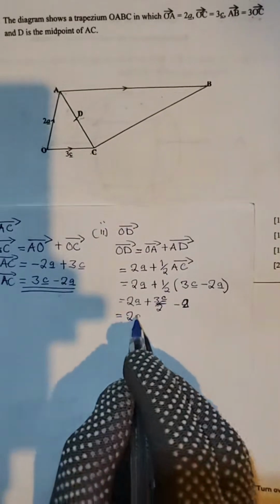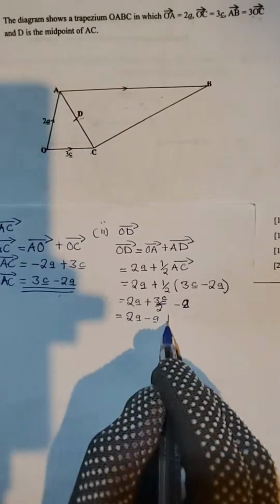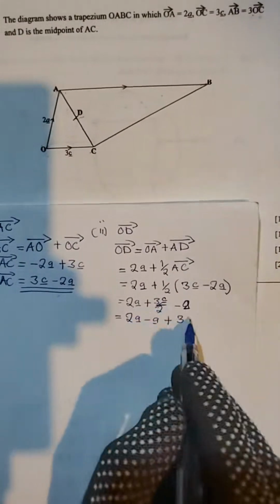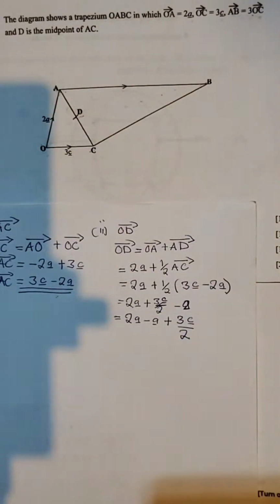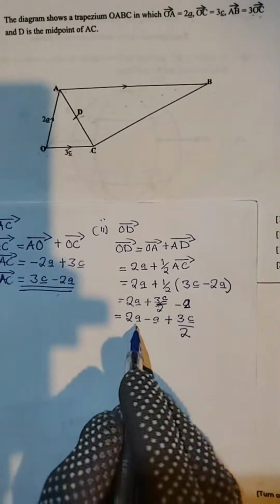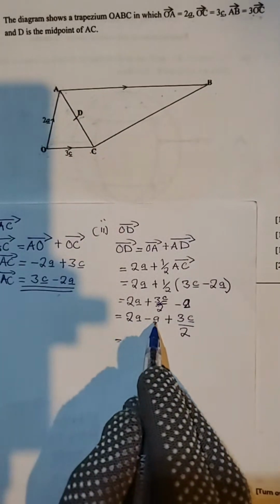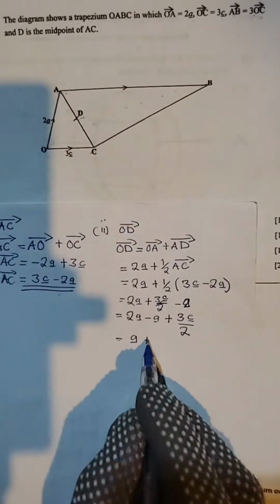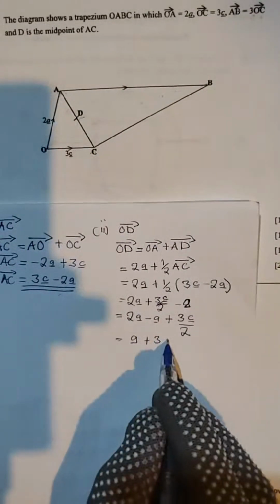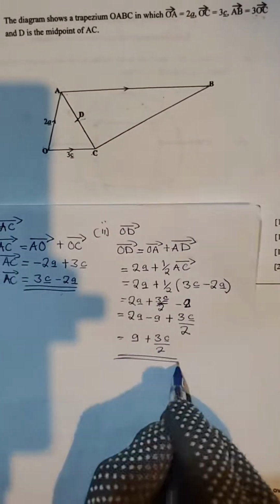So we have 2 vector A minus vector A plus 3 vector C over 2. Solving here, 2A minus A is just A. Just remain with vector A plus 3 vector C over 2. And this is the answer.